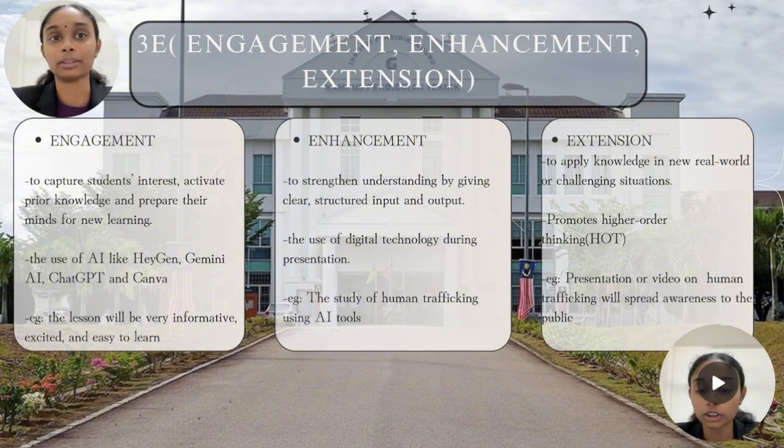For example, the use of AI tools like Gemini AI, HeyGen, ChatGPT, and also Canva will improve the students' ability to use AI digital tools in their education system. The lesson will be very informative and the students will be excited to learn something, and it will be the easiest medium to learn new things, especially for students.